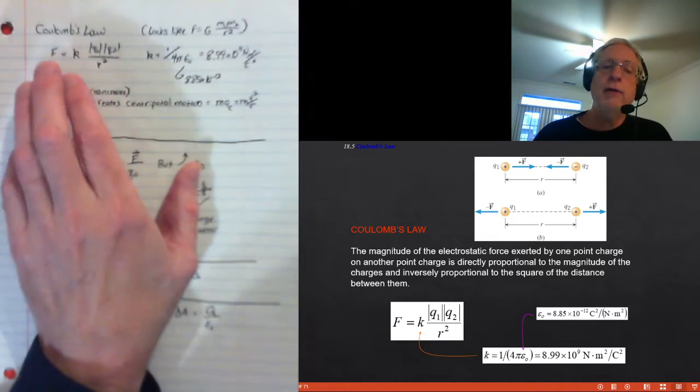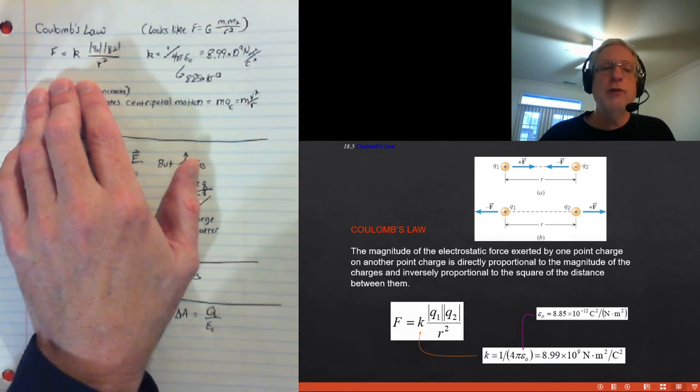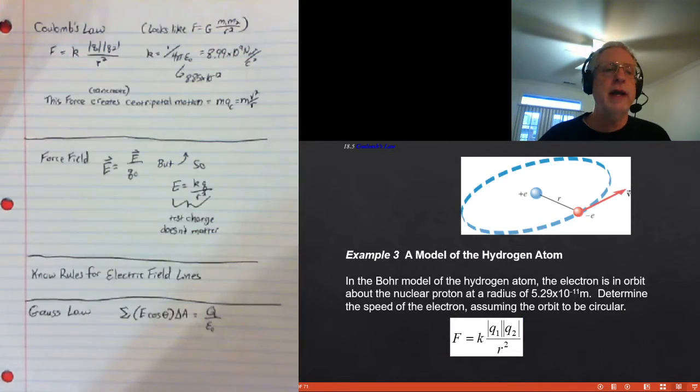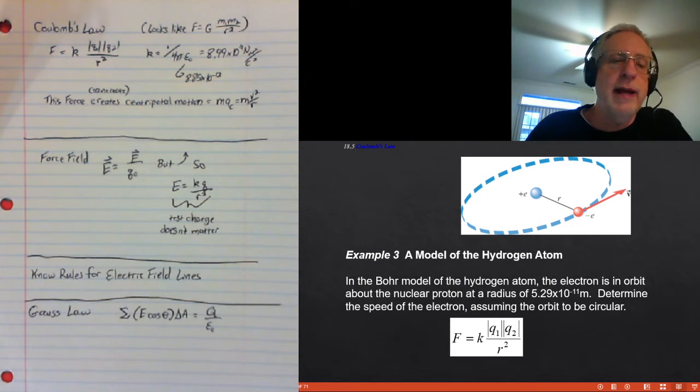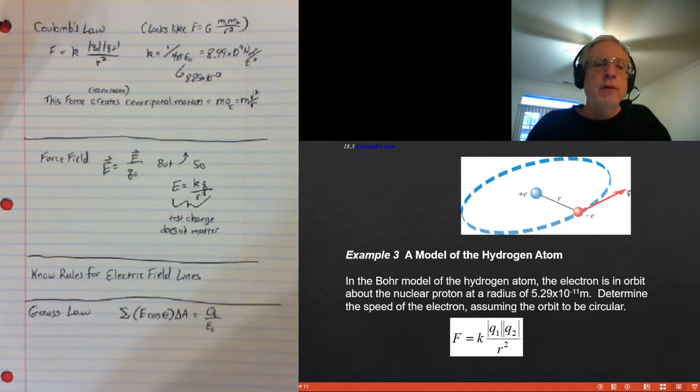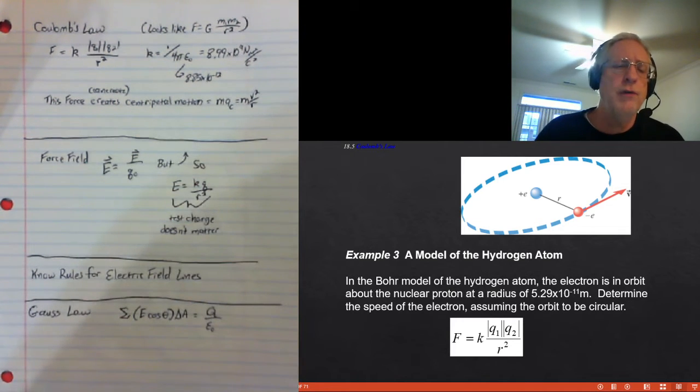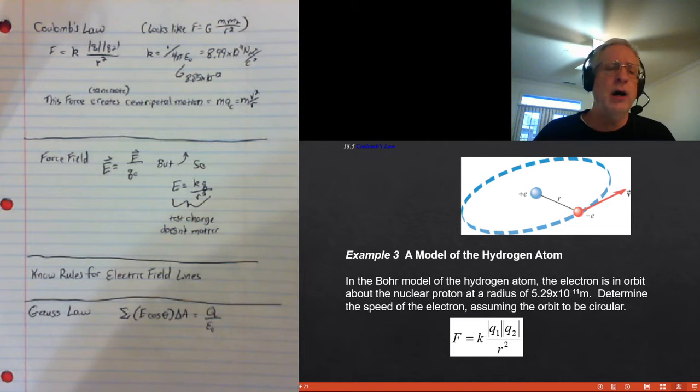So we can figure out the force that two charges will exert on one another. For example, in a Bohr model of the hydrogen atom, the electron is in orbit about the nuclear proton at a radius of 5.29 times 10 to the negative 11th meters. That is our r. Determine the speed of the electron, assuming the orbit to be circular. Well, this has force, k, r and q, but nowhere does it have anything to do with speed.